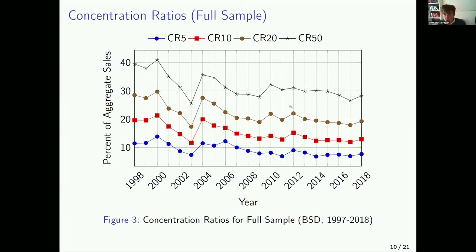Then we go on to the most trivial measure of concentration, which is defining the market as the whole economy, including every sector, and asking what's happened to concentration. You see that it's primarily flat to potentially declining over the last decade or so. You've gone from CR5s of 10% to CR5s of say 7% for the top 5 firms, and you see this little decrease in the post-Brexit period.